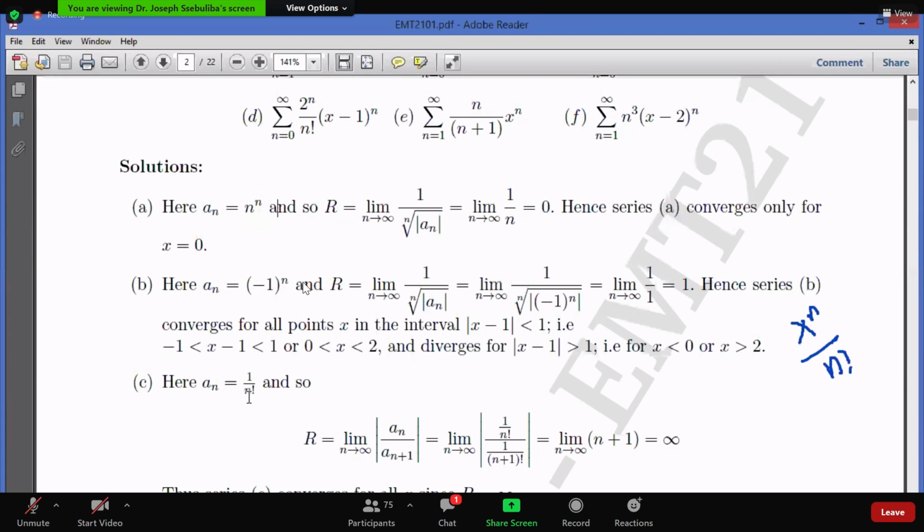I think that is quite obvious. No one should get lost. So we have an, by definition, it is given by this. That is from the question. Then what about an plus 1? We add the 1 here, we add the 1 here. That is the 1 over n factorial, then over 1 over n plus 1 factorial. But then the question is, how does this reduce to this one here?